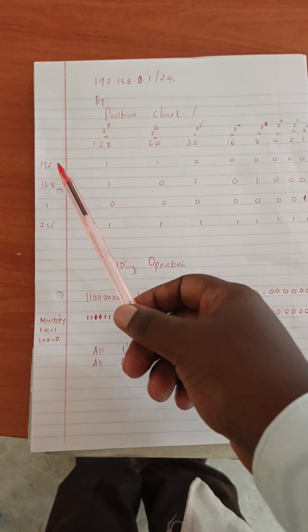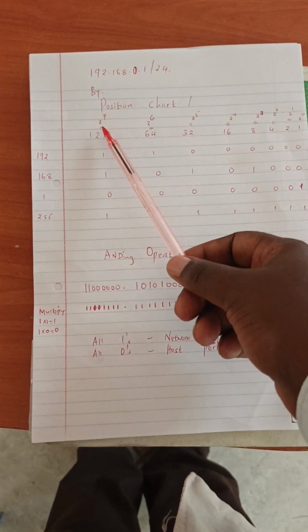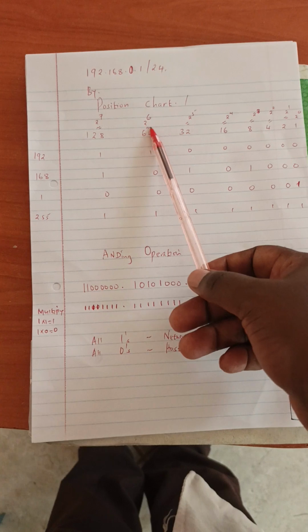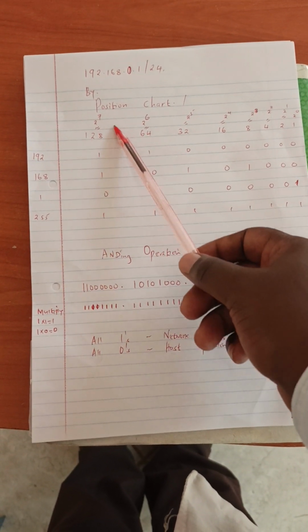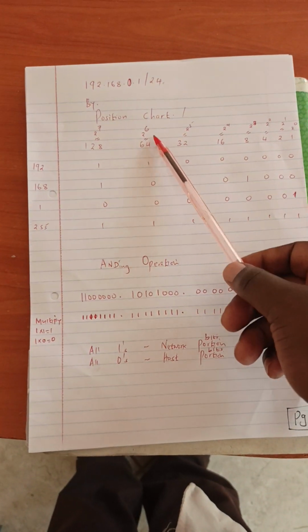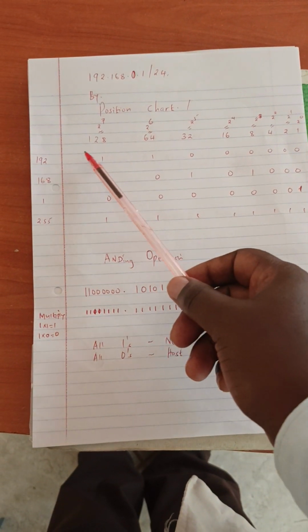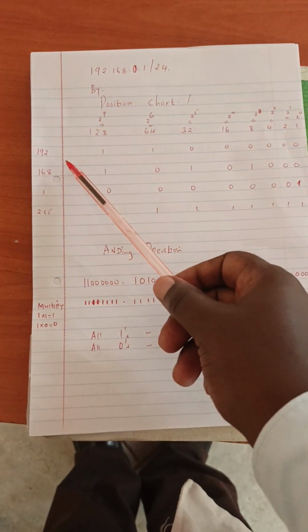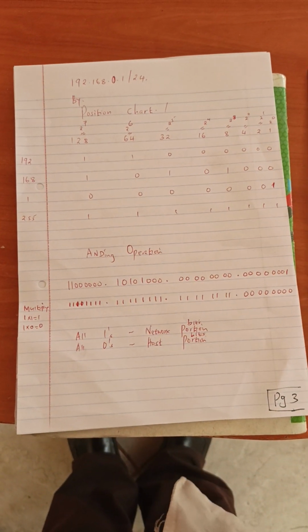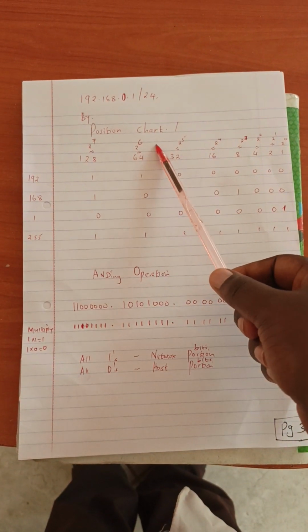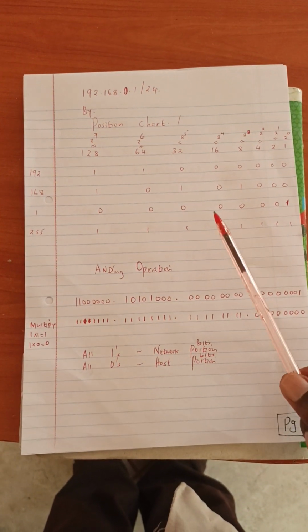So 192 is simply an addition of 128 plus 64. If we have 128, that is a 1, and 64 is a 1, and the total is 128 plus 64, which gives 192.